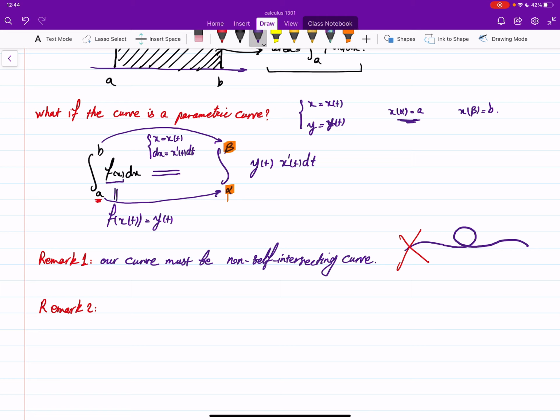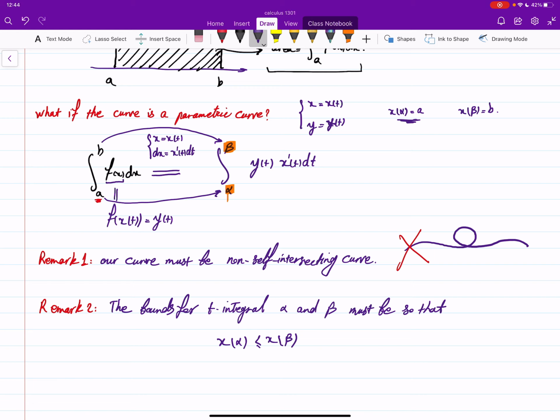In other words, the bounds for the t integral, alpha and beta, must be such that x at the lower one is smaller than x at the higher one.